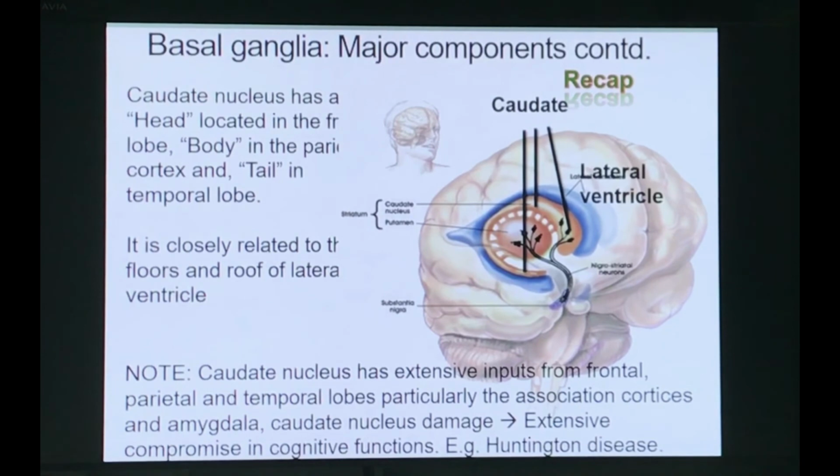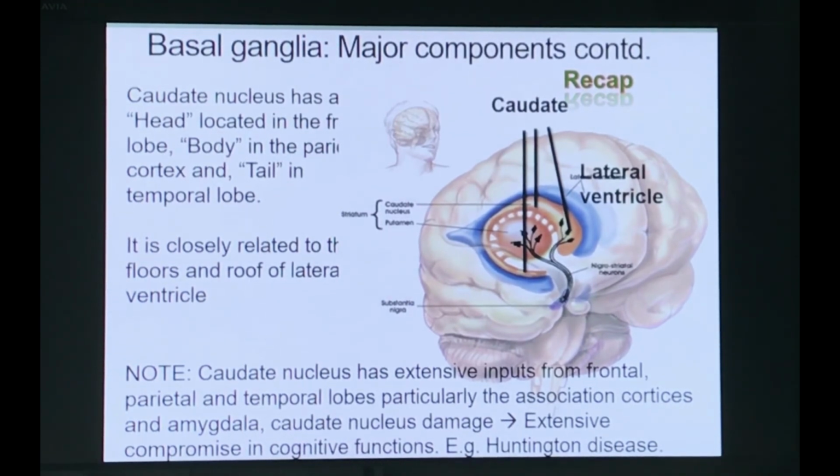As you know, caudate nucleus mainly receives the information from the thalamus, substantia nigra, and also from the cerebral cortex, and it is mainly associated with the frontal, parietal and the temporal lobes, and also with the amygdala. So they have a major role in the cognitive or executive functions.